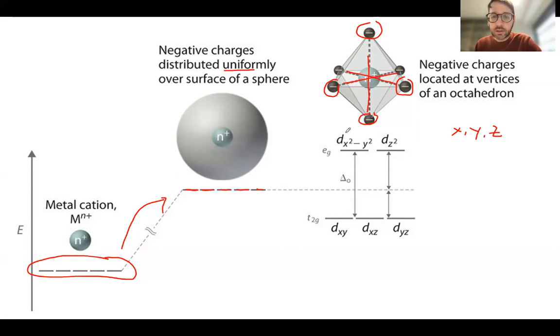Therefore, the d orbitals that have their electron distribution directly positioned over the X, Y, and Z axes will have their energy increased relative to the body center of energy, or the average energy for the scenario of a uniform distribution of negative charges.